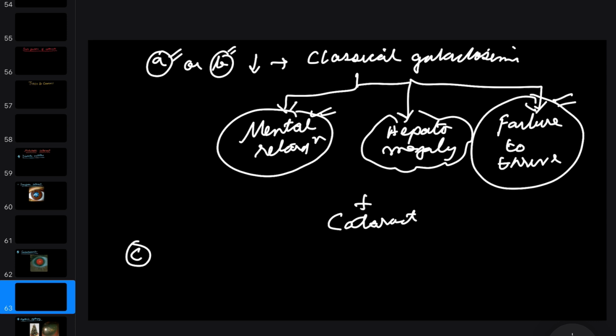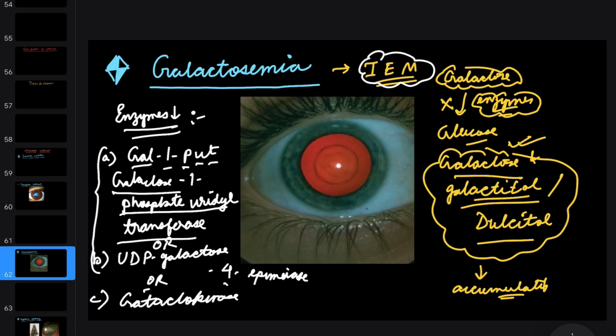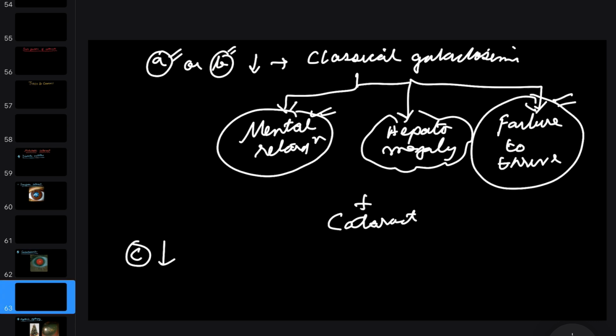Basically the other form of galactosemia, that is when C is deficient, that is galactokinase is deficient. C over here is galactokinase, as you can see. If galactokinase is deficient, then we get only the galactosemia cataract. That is it. All these other things, mental retardation, hepatomegaly, failure to thrive, we don't get.